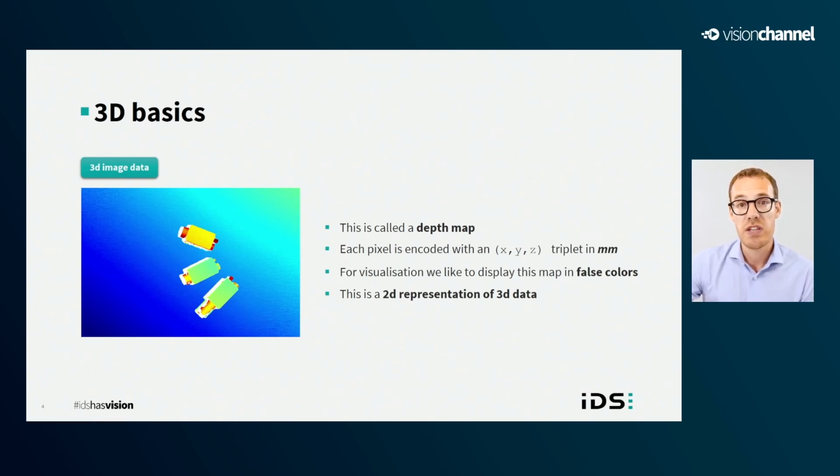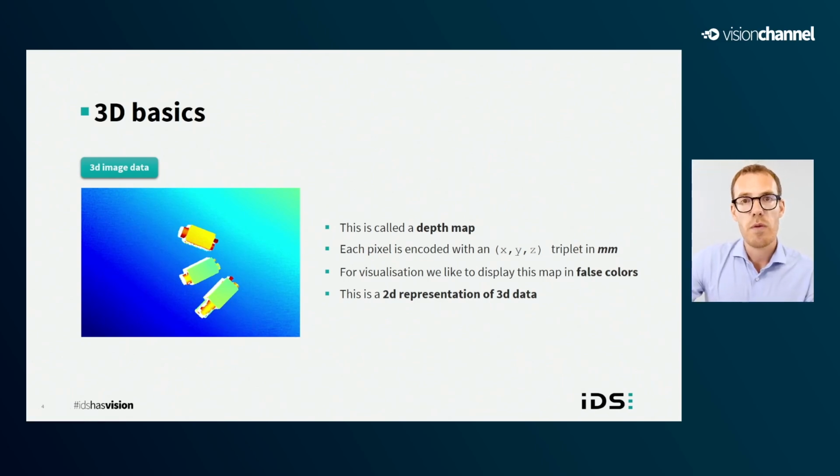This is a 2D image where each pixel is encoded with three values, an X, Y, Z triplet in millimeter that contains the position of the pixel imaged by the camera in a given Cartesian coordinate system. It is common practice to display these depth maps with a color scale. In this example, the greenish pixels correspond to the information close to the camera, while the bluish pixels correspond to the information far away from the camera.